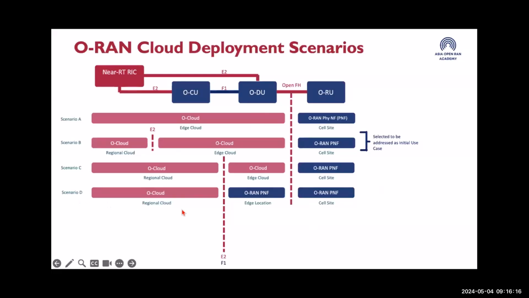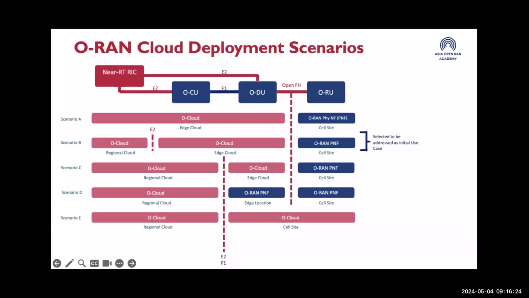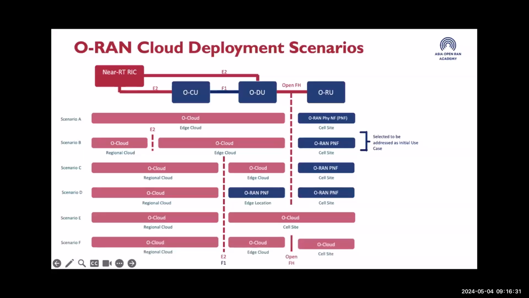We call it scenario D. Maybe in the future, but not yet seen, in terms of implementation, we haven't seen it yet, are scenario E and scenario F, where all components will be deployed using the O-Cloud. That's not yet been seen, but probably this could be part of the future use case, due to the ORU being virtualized.